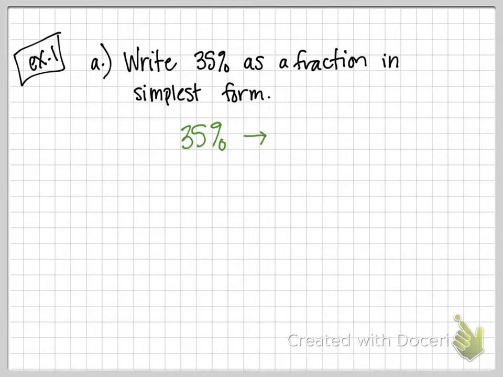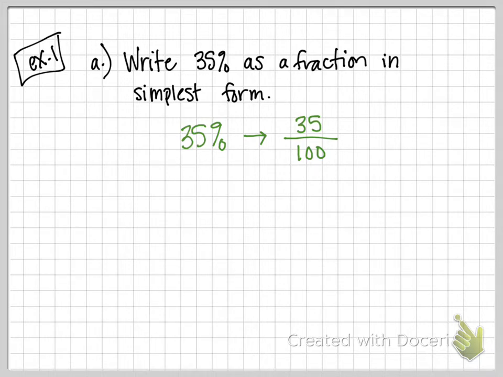So we take the percent sign off. We put 35 as a numerator per 100. We put it over 100, or per cent. And that changes it from a percent into a fraction.